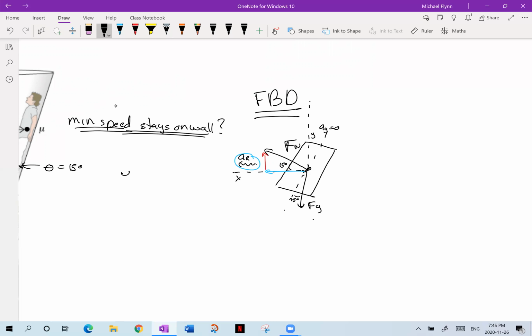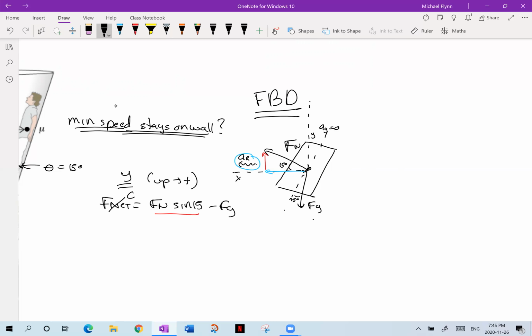Let's start with the y-axis. We know the answer is going to be on the x-axis, but let's start with the y-axis because there'll be too many unknowns if I start with the x-axis. The red vector goes with sine of 15, so with up as plus, the net vertical force is Fn times the sine of 15, that's my red vector, minus the force of gravity.